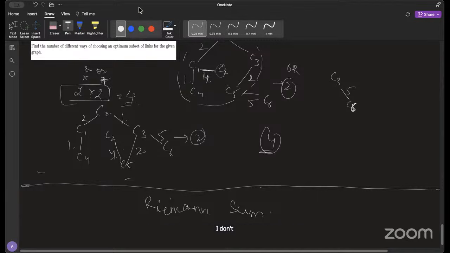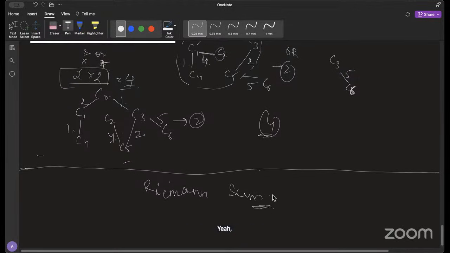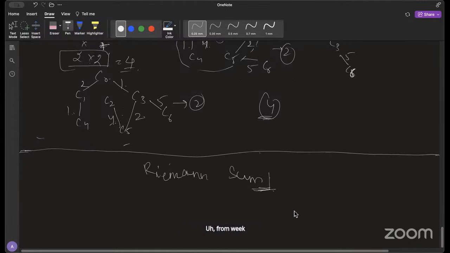I don't have the weightage with me. I can give it to you at the end of the session by asking, and I don't have it right now. Okay, ma'am. Riemann sum is an important topic. Yeah, Riemann sum, please do Riemann sum properly from week 9.